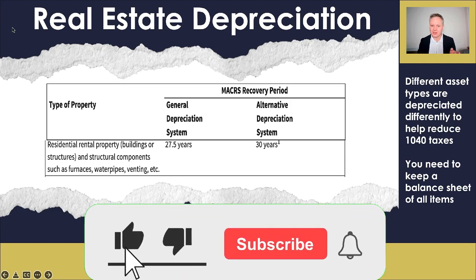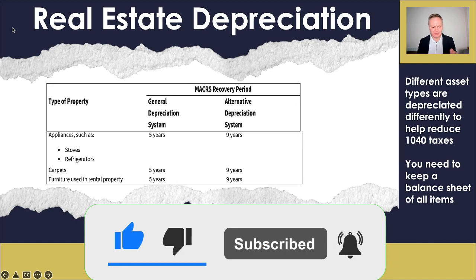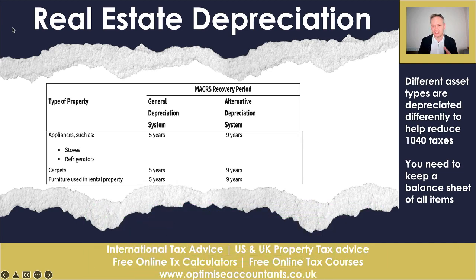We'll talk about some other things now, because this is where the mistakes are made. Typically, you could accelerate depreciation of the things that are inside your property, like, as it says here, stoves and refrigeration. Anything mechanical in your property could well fit into this category, which is depreciated over 9 years, not 30 years.